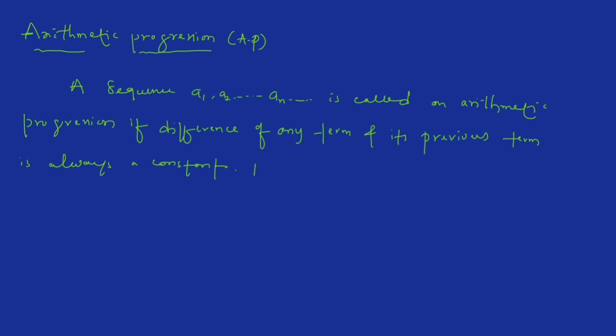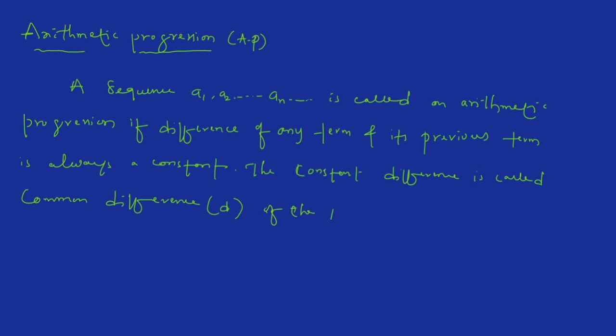That is, the constant difference is called the common difference, that is nothing but d of the arithmetic progression, that is AP, right?